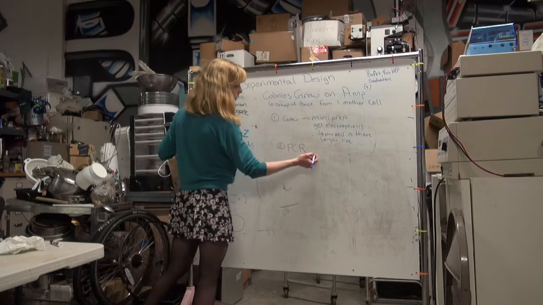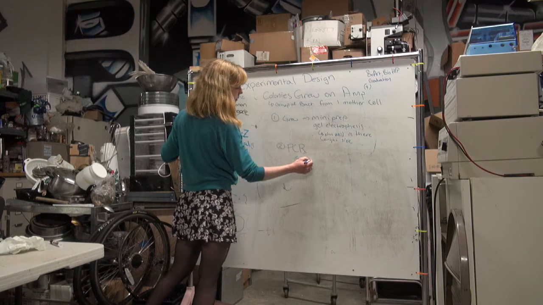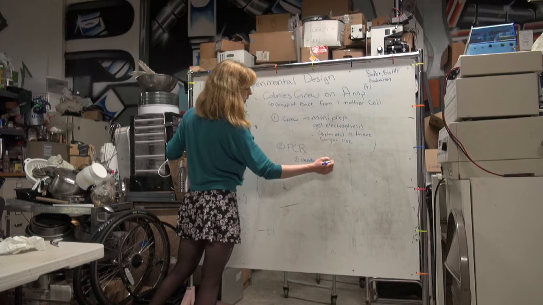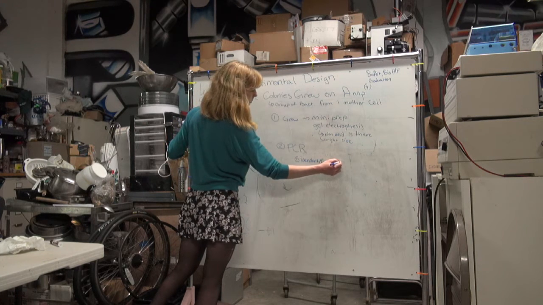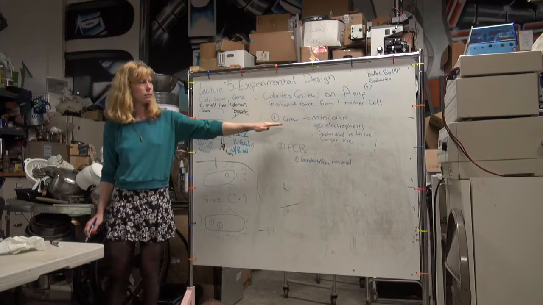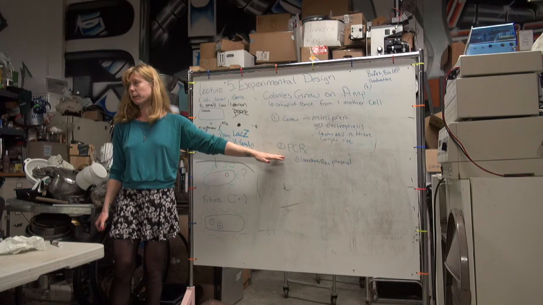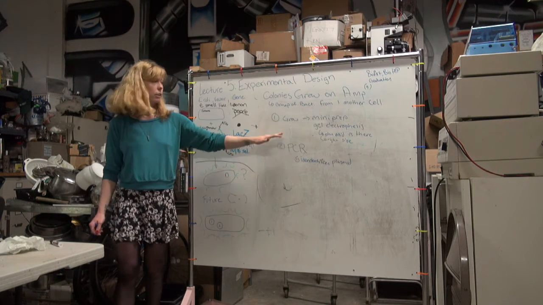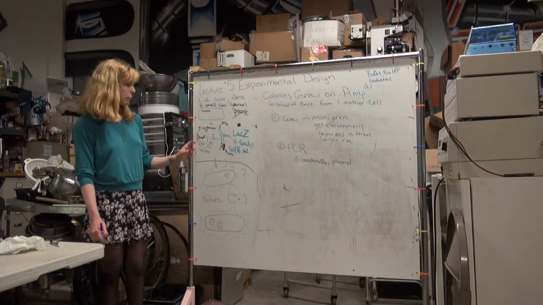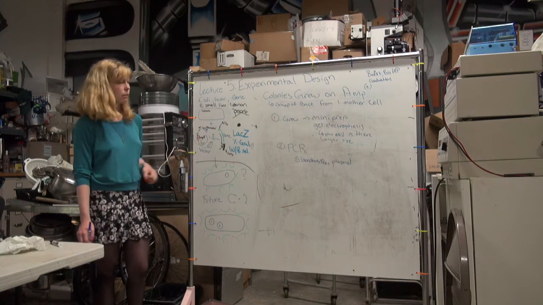So PCR identifies our plasmid. Just because we got a band on our gel doesn't mean that it's still the right plasmid. We can double check with PCR, do another gel electrophoresis, and the band that we see should be the predicted size between our two primers.